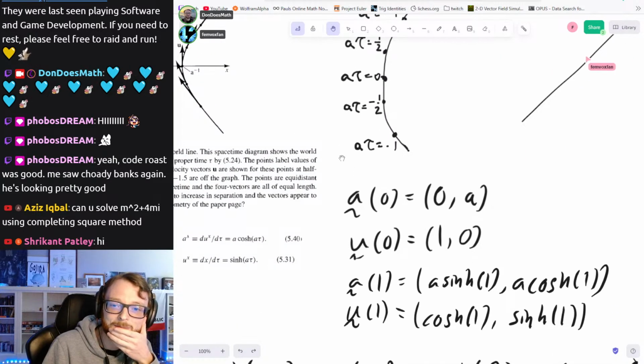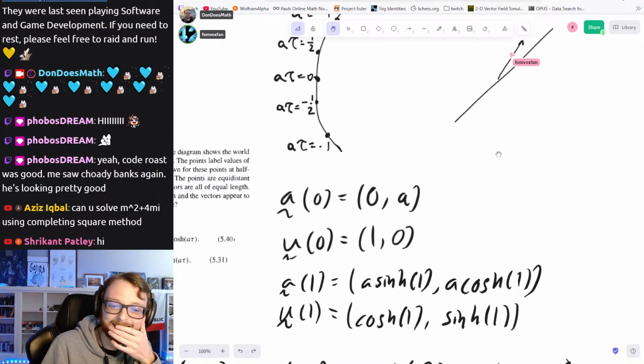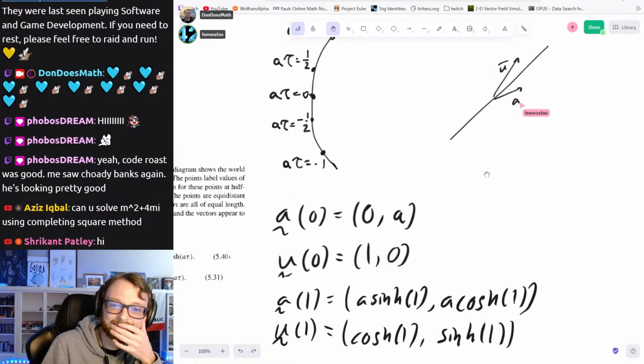I'm trying to figure out why. So we got some u vector like this, and I'm thinking the acceleration vector might be like there, where these two angles are the same, if this is 45. Okay.